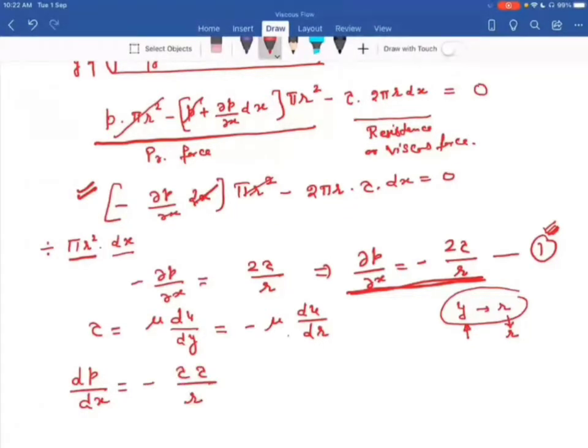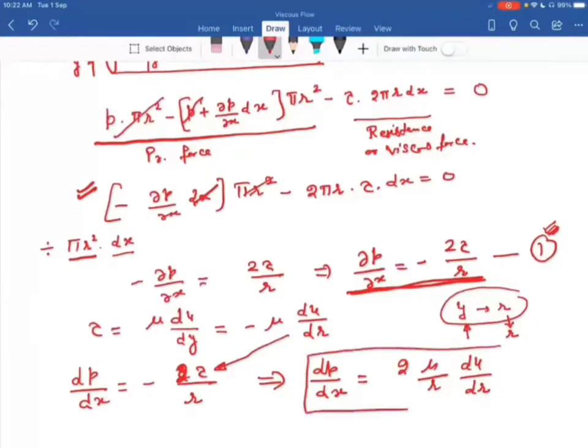Now I put in the value of tau. This comes out to be dp by dx equal to 2 mu by r du by dr. This is your equation number 2 now.